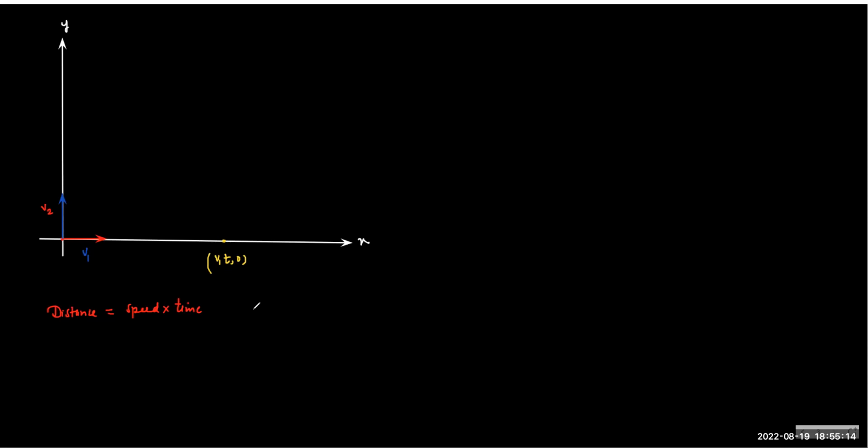Similarly, what will be the coordinate of the other particle? 0, v2t. Very good. So after some time it is v1t comma 0, and the other is 0 comma v2t. At any instant, if I join these two points, what do I get? A straight line, isn't it?